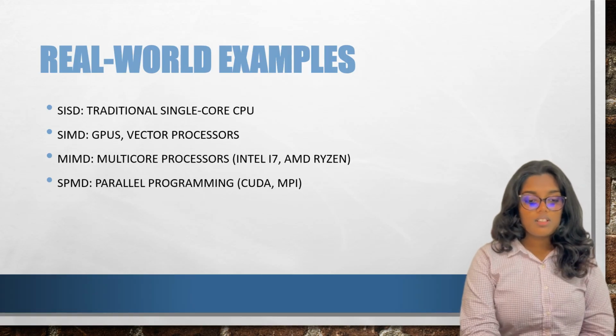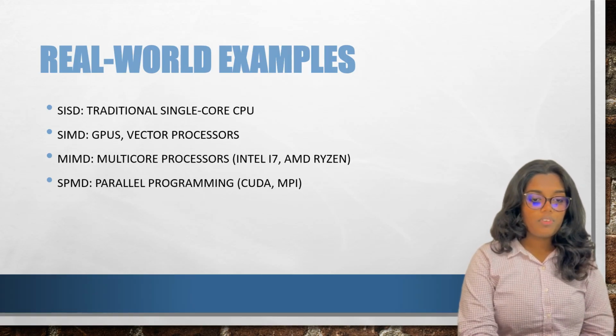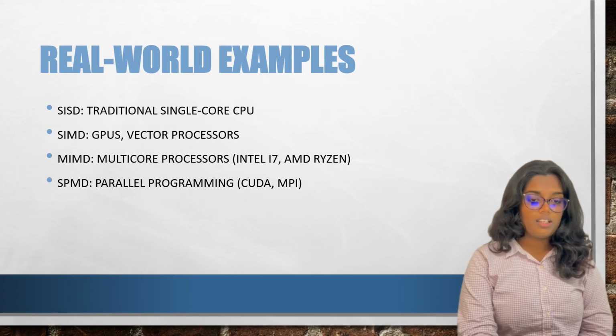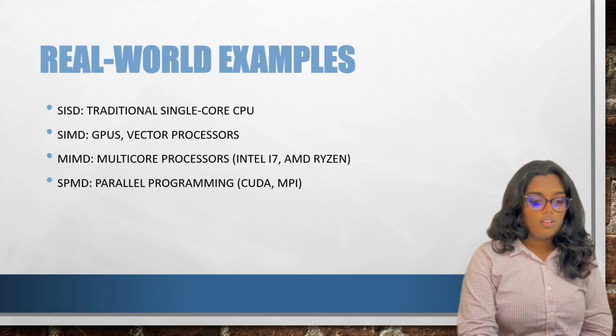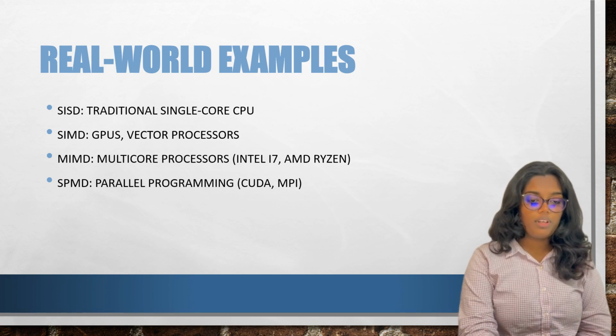Multiple instruction, single data is used rarely, but in CPUs such as Intel i7 and AMD Ryzen. Multiple instruction, multiple data is used in parallel computing frameworks like MPI, where processing units run the same program on different data.